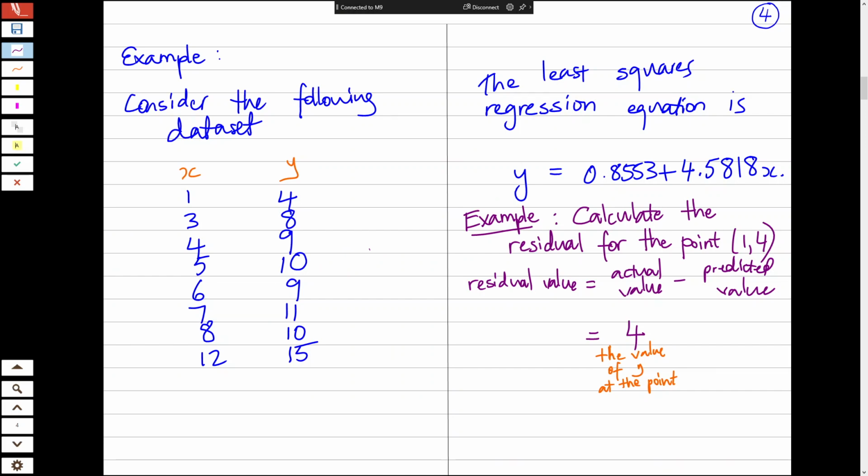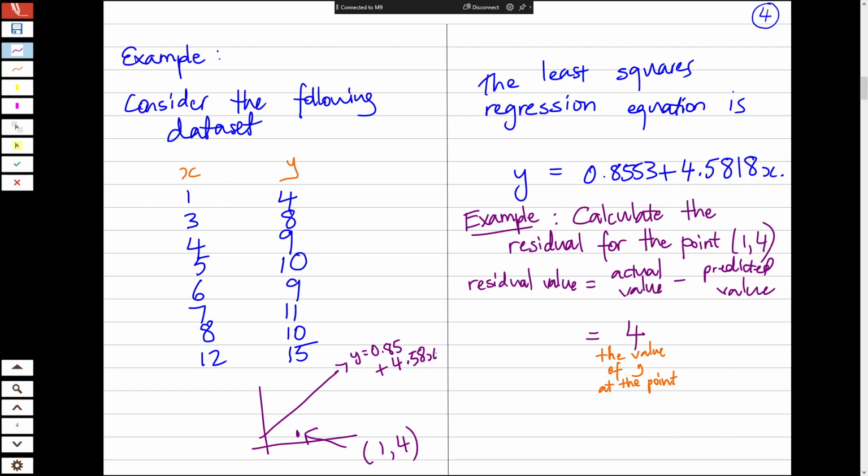Okay, so let me draw a picture here. This is what we've got. We've got a line and we've got a point below the line. The coordinates of this point are 1, 4, and that's the actual value. The equation of this line is y equals 0.85, I'm just going to round to 2 decimal places, plus 4.58x.